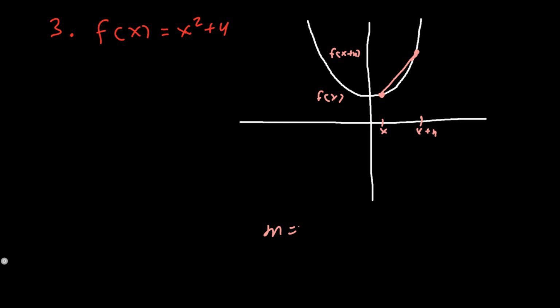So the slope for the secant line is simply f of x plus h minus f of x all over x plus h minus x, using y2 minus y1 over x2 minus x1. And the denominator becomes h. This becomes a similar formula that we see in the limit definition of our derivative, or the rate of change for a function.